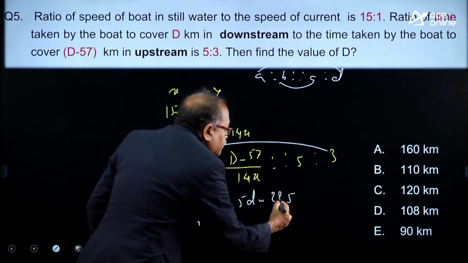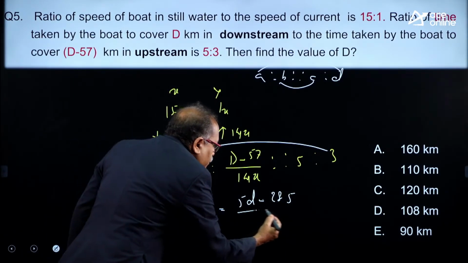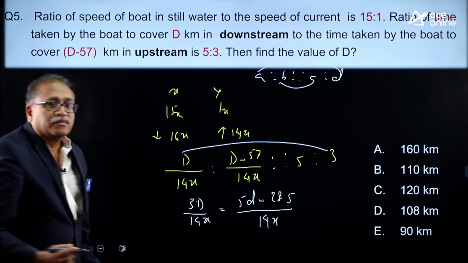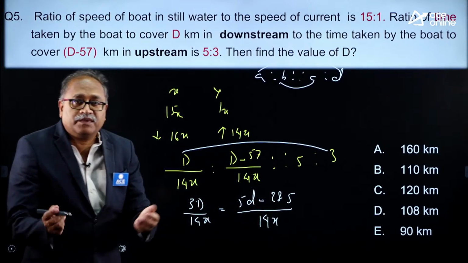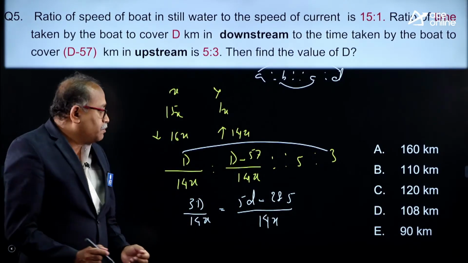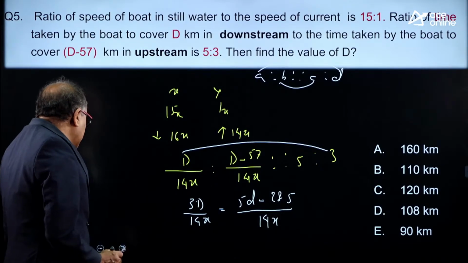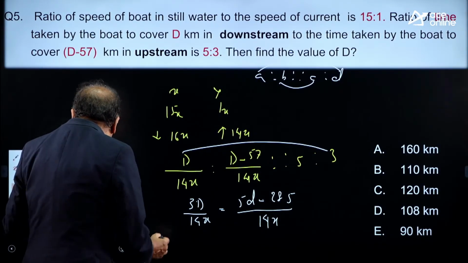Am I right? Divided by 14x. So the product of extremes is equal to the product of means, which is the proportion property. By solving this, you will find that x gets cancelled.